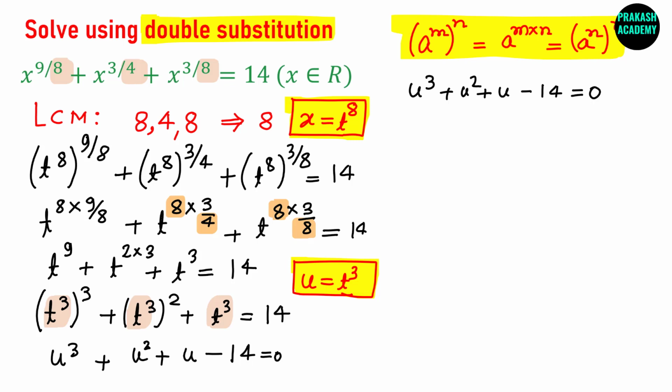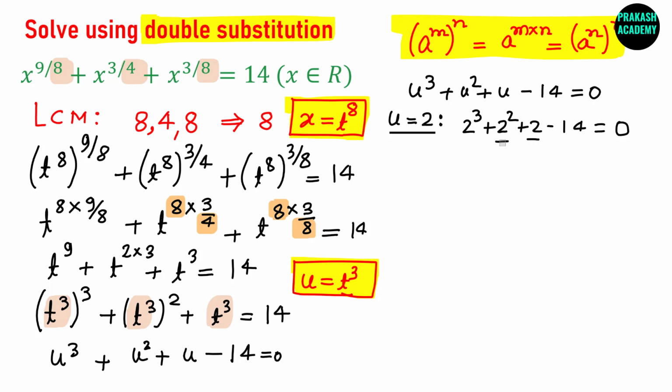In the case of a cubic equation, one solution you can find from the hit and trial method or guess method. Let us try u is equal to 2. Then this becomes 2 cube plus 2 square plus 2 minus 14, so this is 8 plus 4, 12 plus 2, 14, so 14 minus 14, which is 0.